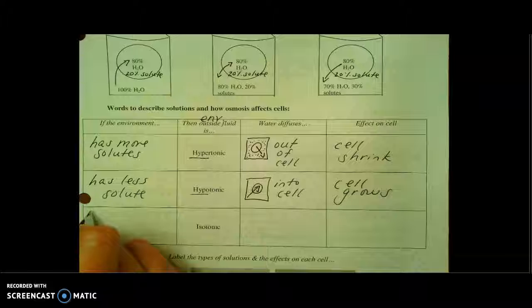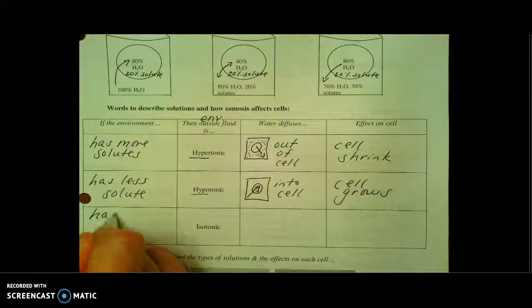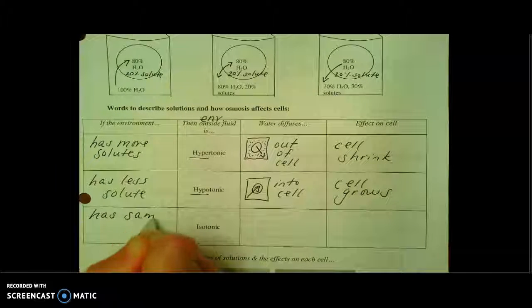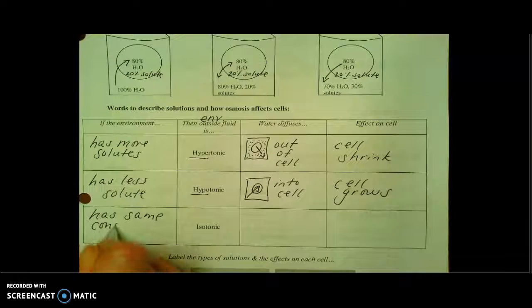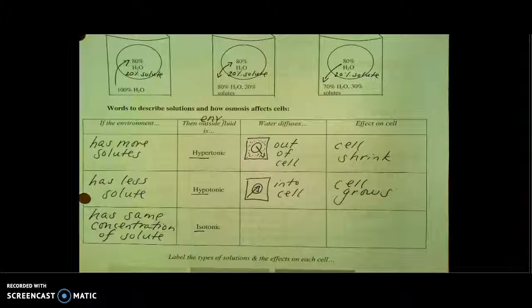And the last possibility is if the environment has the same concentration of solute. And in that case, we call it isotonic. Same amounts of solute outside and inside the cell.